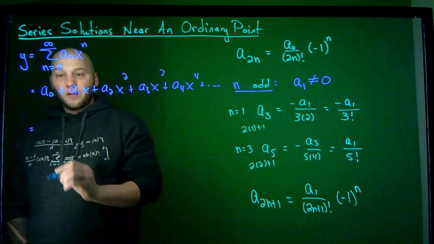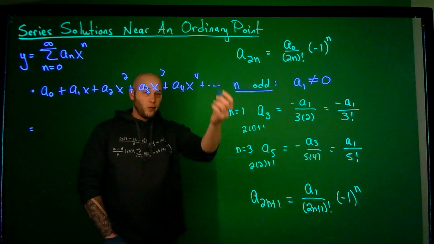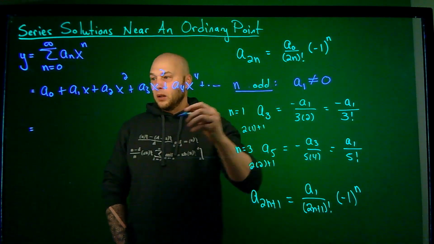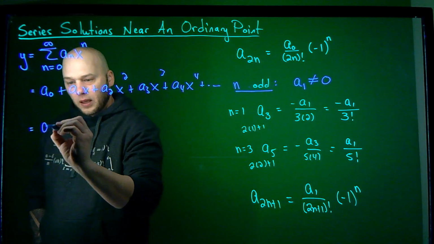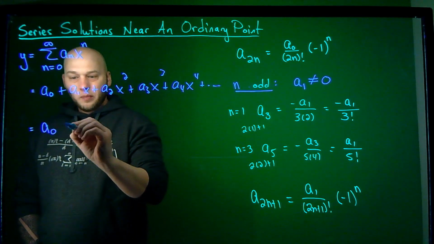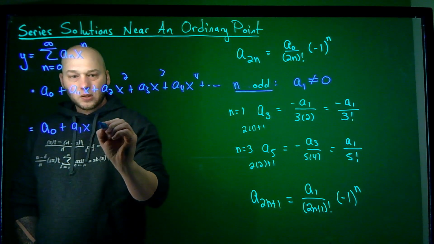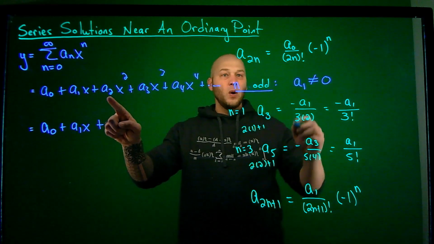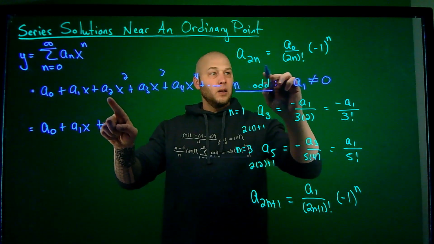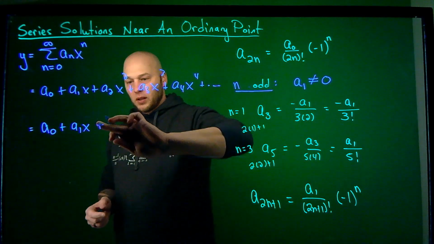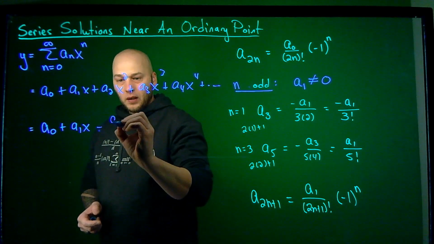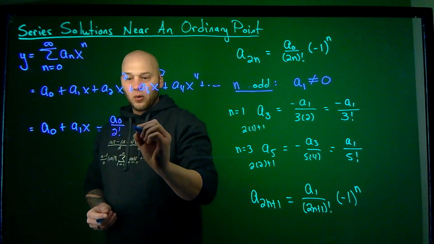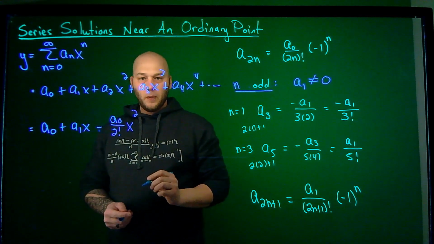Now if I go ahead and fill in the coefficients from the formulas, a naught is just the unknown that we assumed was non-zero, plus a1x, plus, now we're going to start using the formulas over here. A2 is going to be a naught, negative 1 to the n, so that's going to be negative a naught over 2 factorial x squared.